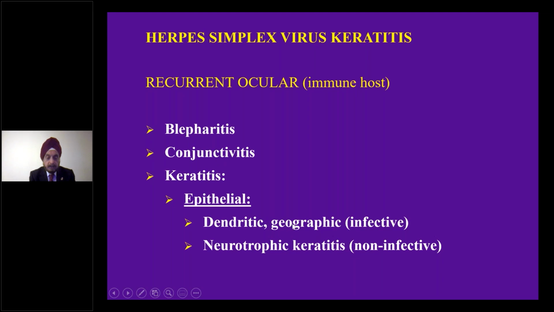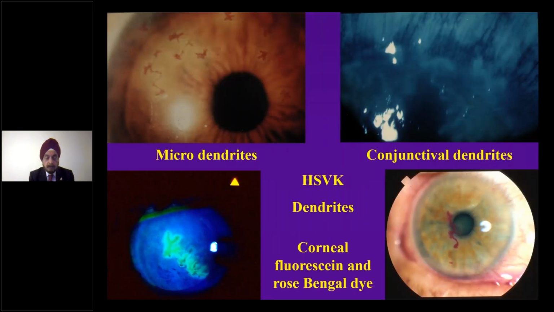And here you get dendritic and geographic lesions. And dendritic lesions and geographic lesions indicate active infection and active viral replication. And the neurotrophic keratitis is non-infective, predominantly affecting nerves, and you will see that often when you see them in the stroma, that's also non-infective.